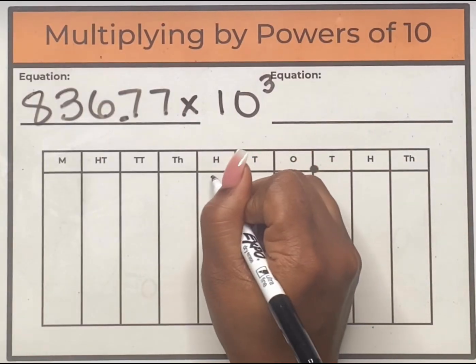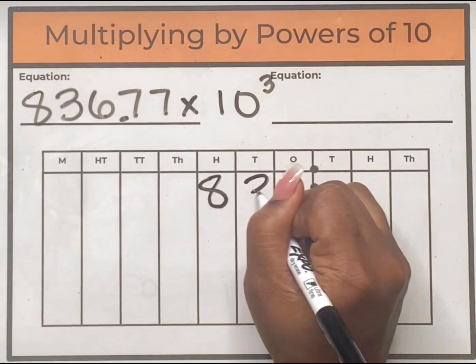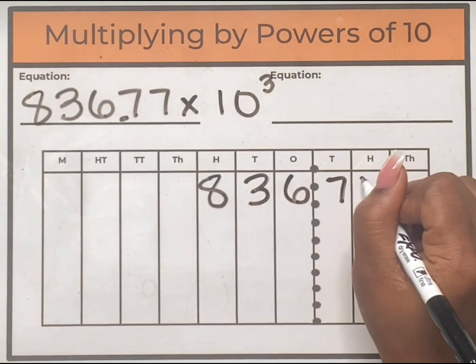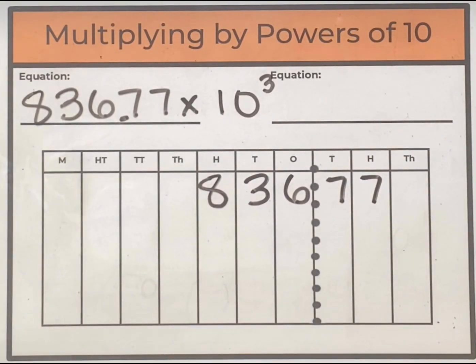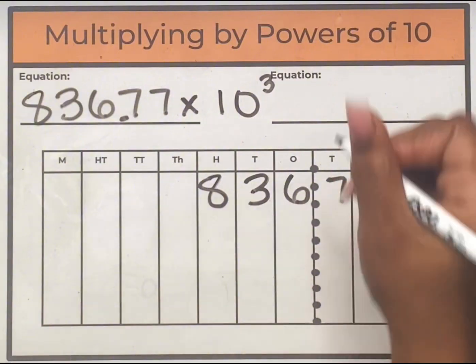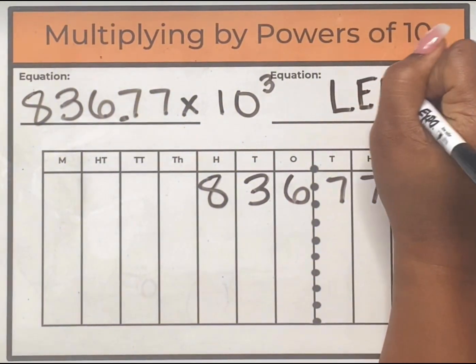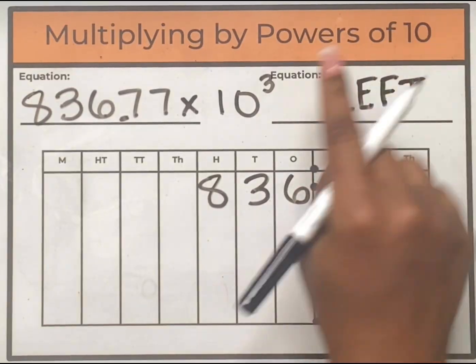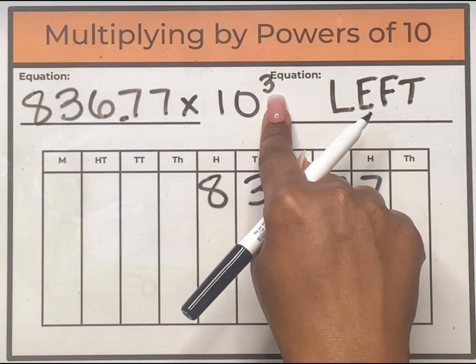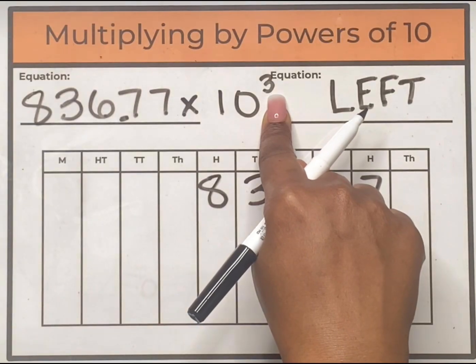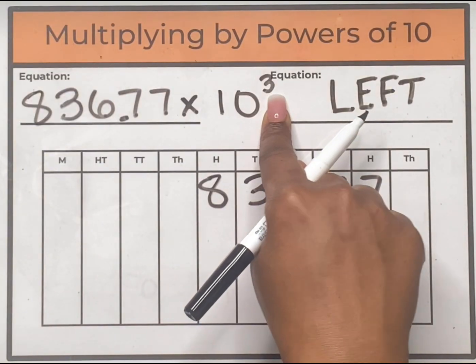I'm going to put 836 in my chart. Put the 7 here and the 7 here. I know I'm multiplying, which means I'm going to the left. I'm looking at my power, which is 3, 10 to the third power. So I know that's 3 shifts forward or to the left.